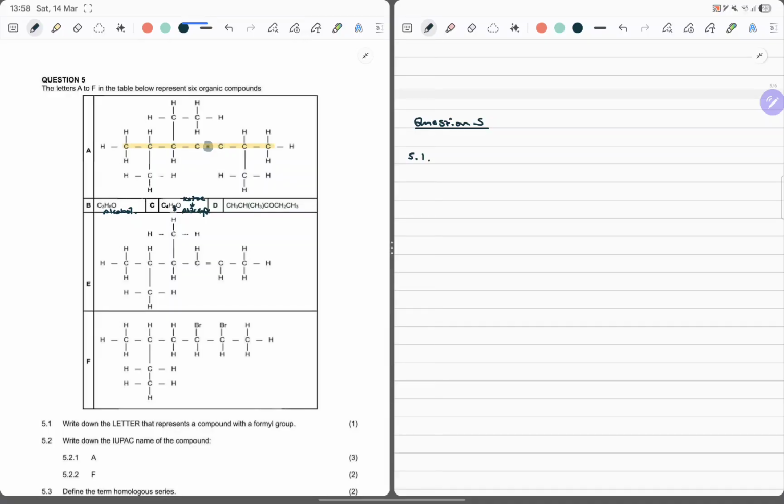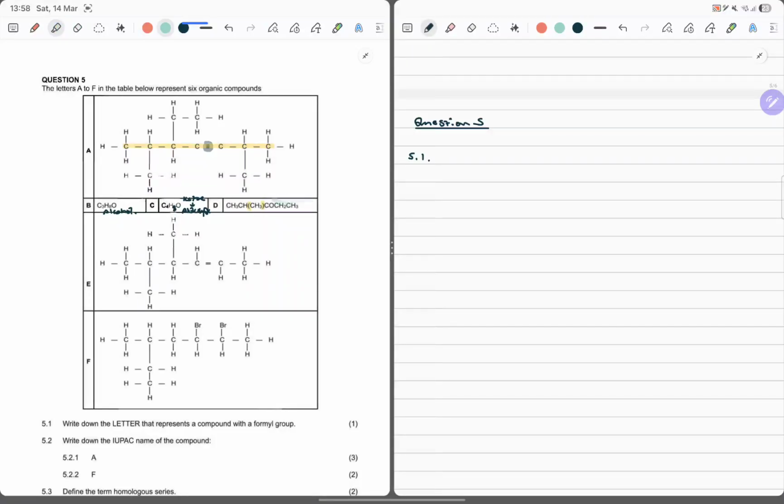Then we go on. D says CH3CH, and then there's a CH3 in brackets. Once you see a CH3 in brackets, it means it's a side branch, so this is a branched chain. Then COCH2CH2. Can you see what I meant?